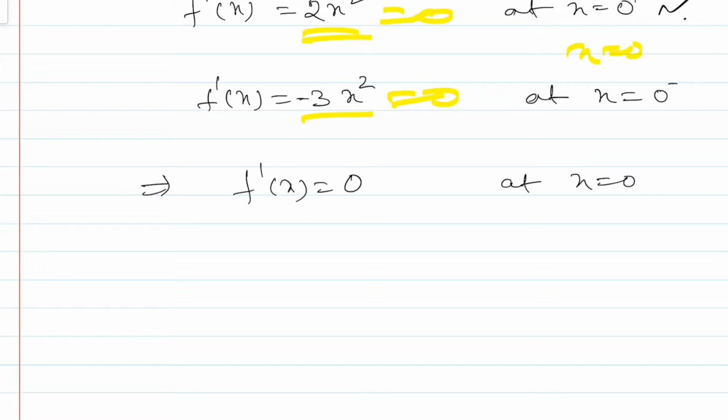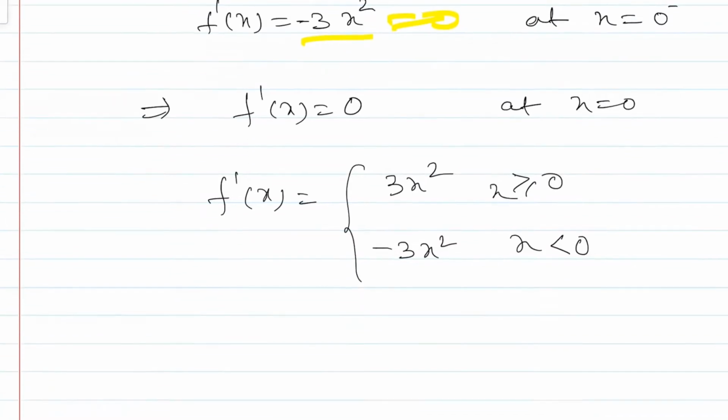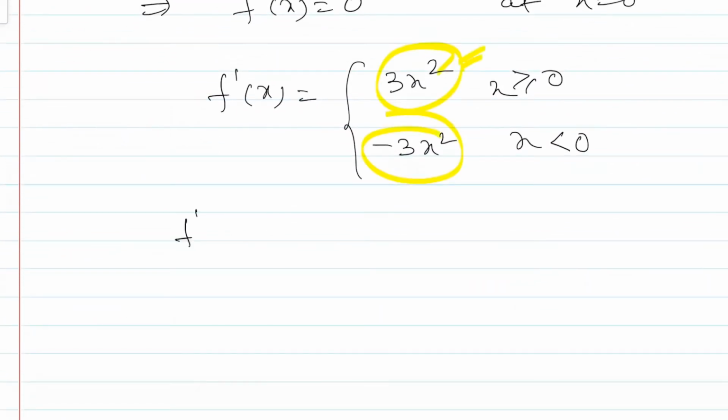Now we'll find the second derivative. The definition of the first derivative will be equal to 3x² when x is greater than or equal to 0, and −3x² when x is less than 0. Both the functions 3x² and −3x² are polynomials, and they will be differentiable in their domain.